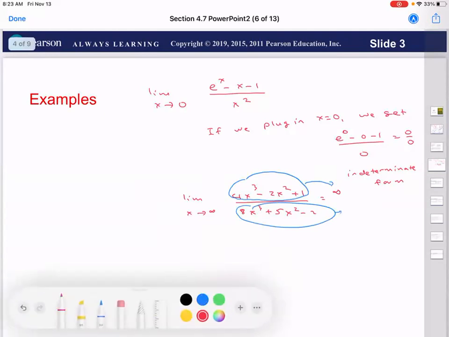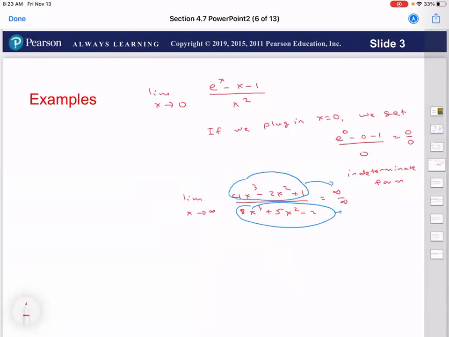So we have here a situation of infinity over infinity. That's also another indeterminate form. So these are the situations.